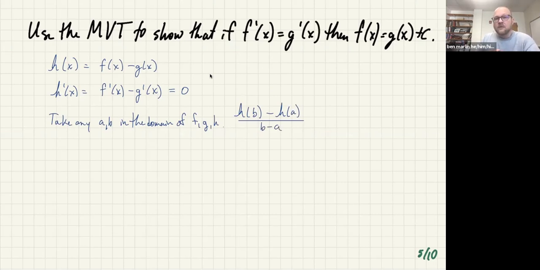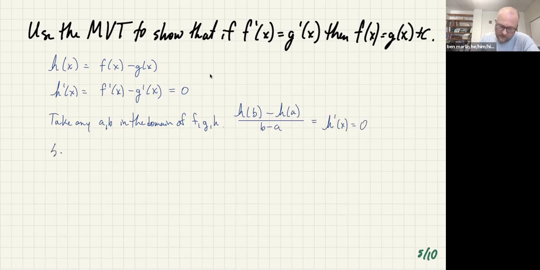Now, I don't know what those values turn out to be, but I do know that because h prime is always 0, no matter what we choose, this has to turn out to be equal to that h prime of x that's just this constant of 0.